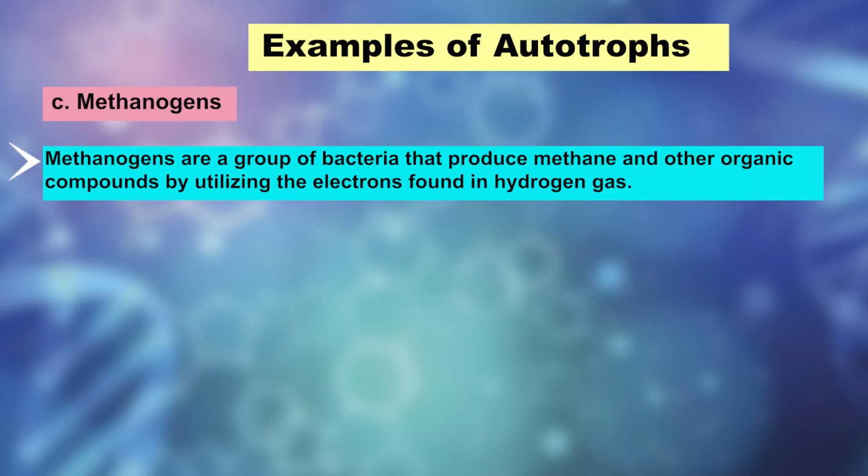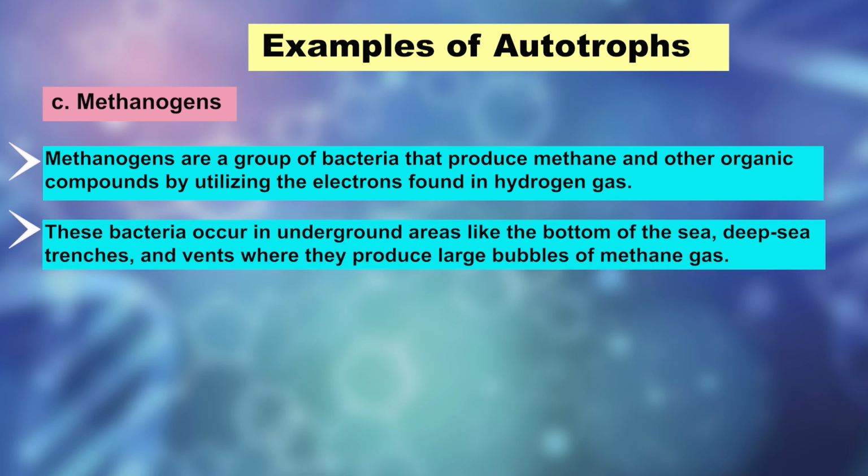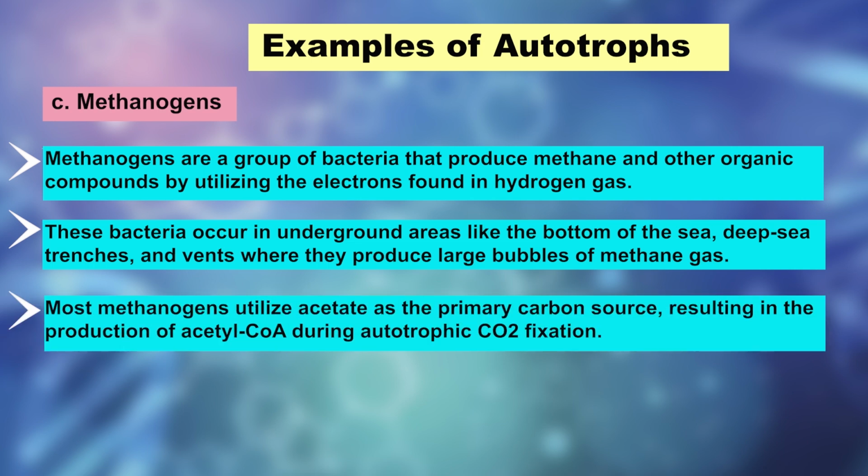So, they are basically a group of bacteria that produce methane and other organic compounds by utilizing the electrons found in hydrogen gas. These bacteria occur in underground areas like the bottom of the sea, deep sea trenches, and vents where they produce large bubbles of methane gas. Most methanogens utilize acetate as the primary carbon source, resulting in the production of acetyl-CoA during autotrophic carbon fixation.